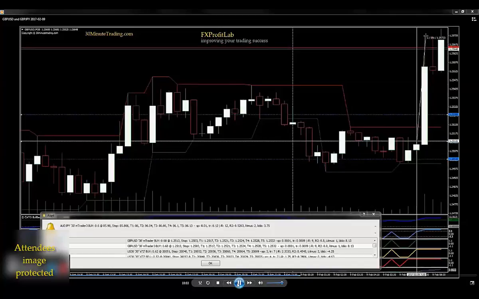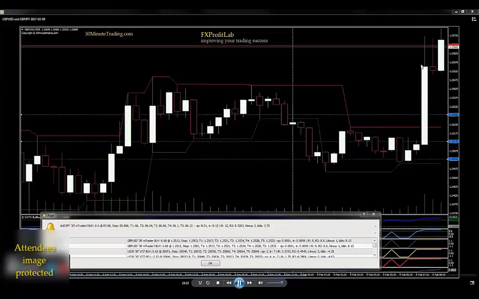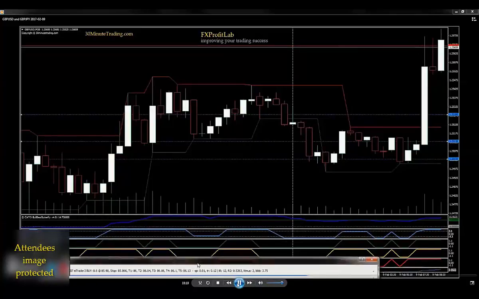Then it would have retraced back down to there somewhere, and allowing for the bid offer spread, maybe about 48 pips or something like that. So that's basically what I would have been doing trading this particular asset, pound dollar.